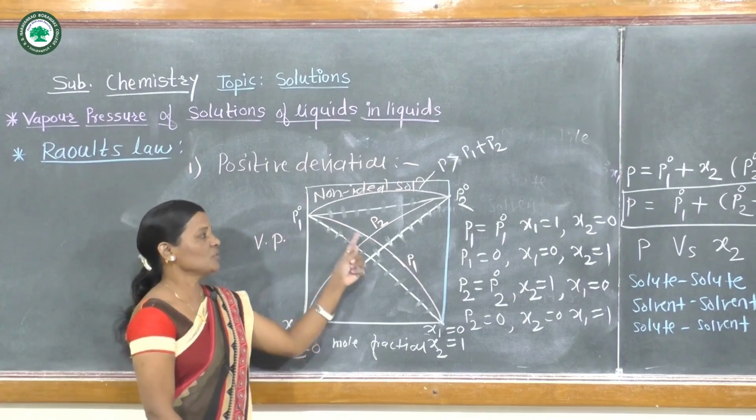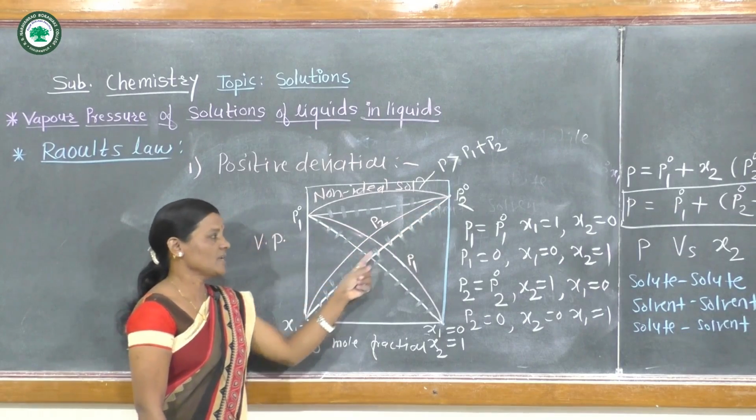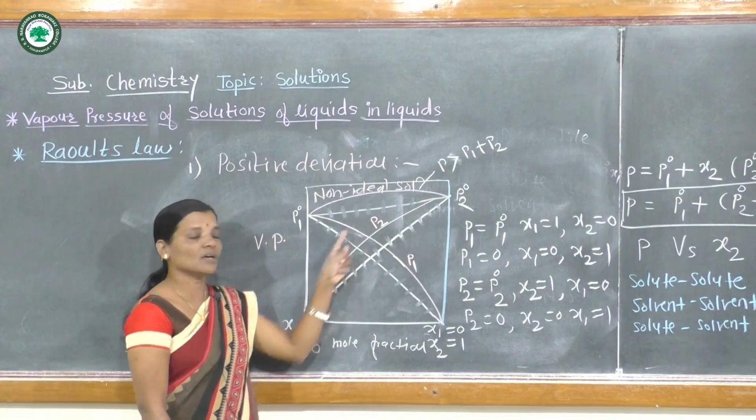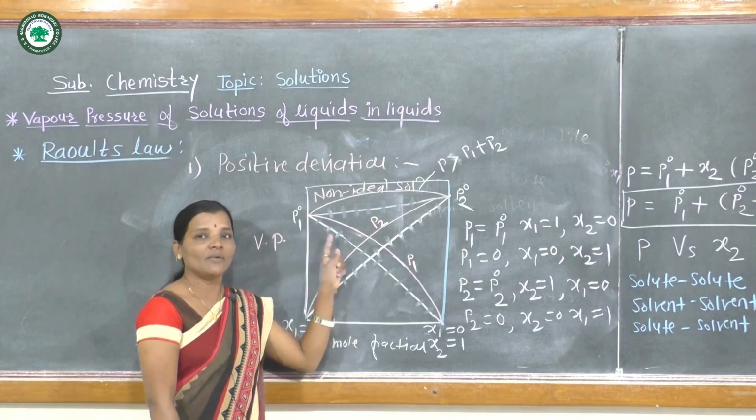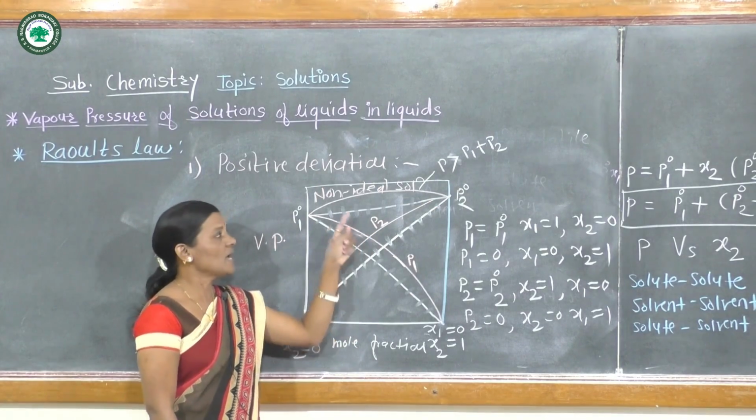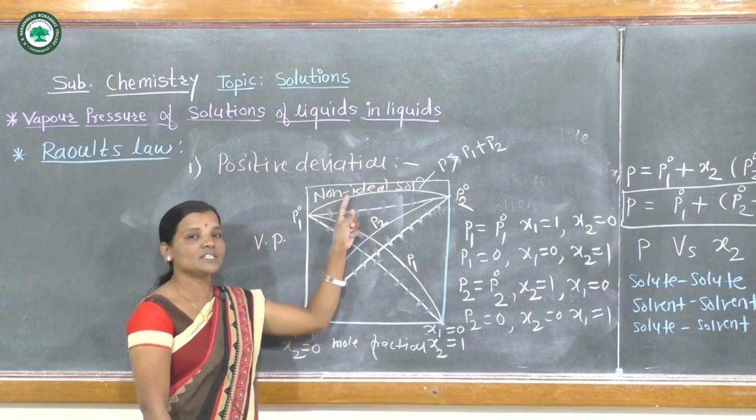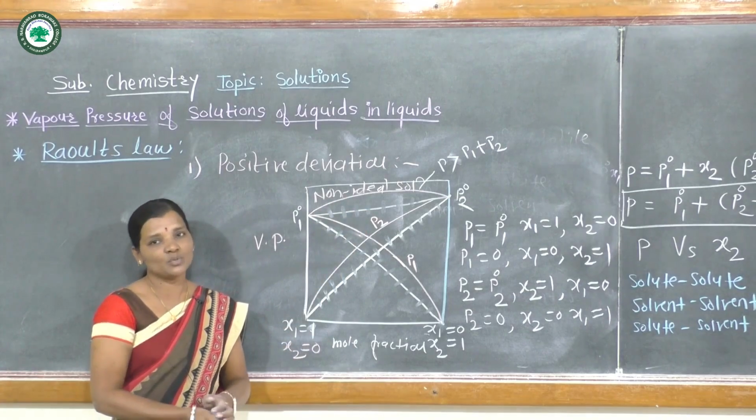But here for positive deviation, a straight line is not obtained; curves are obtained for the partial vapor pressures of both the components, and this shows that these solutions are non-ideal solutions.